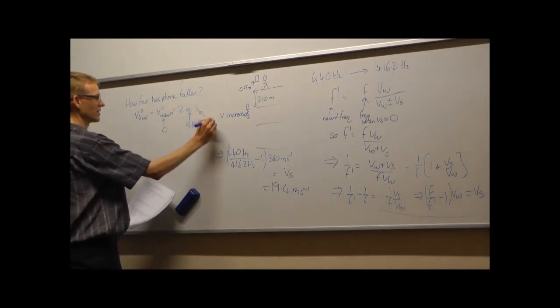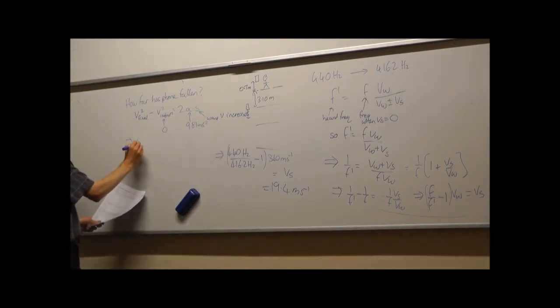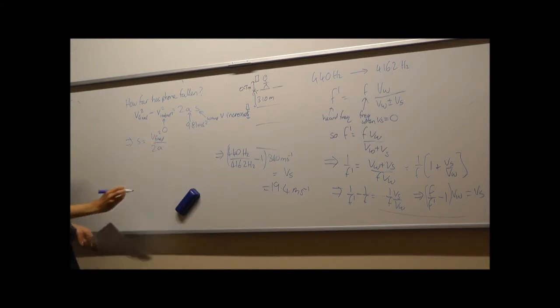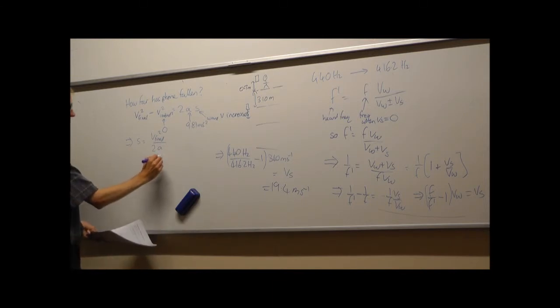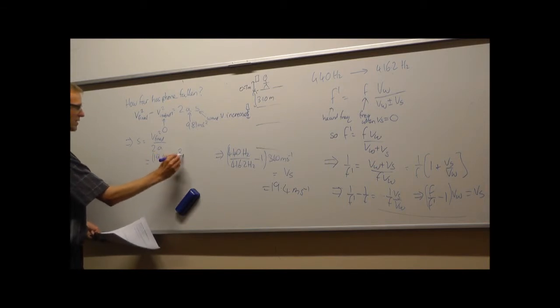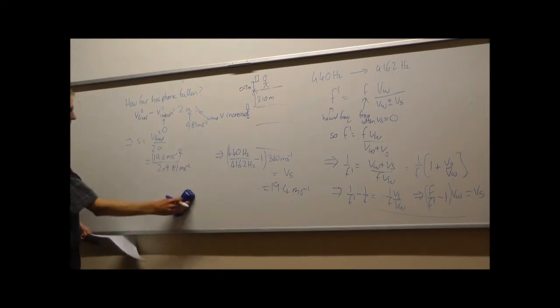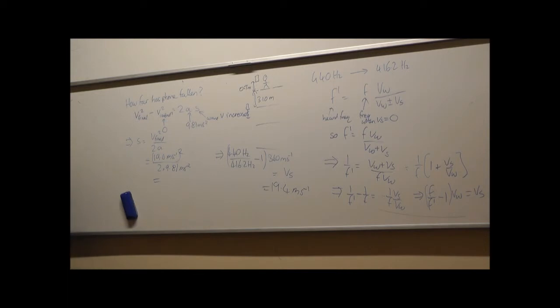We want to know distance, so our distance equals V final squared over 2 times our acceleration, which is equal to 19.4 meters per second squared over 2 times 9.81 meters per second squared. 19.4 squared over 2 divided by 9.81 equals 19.18.